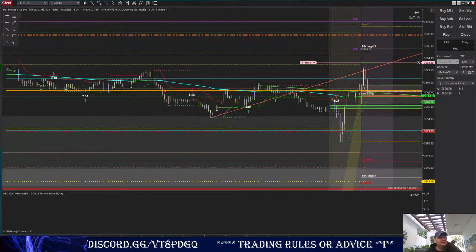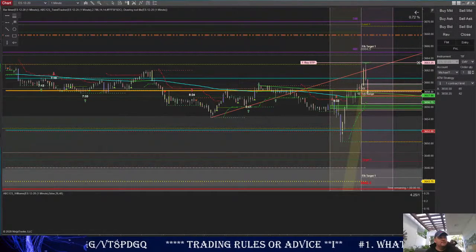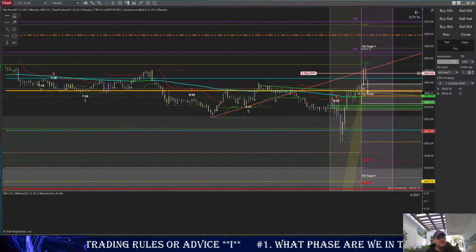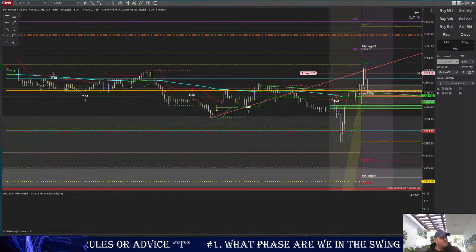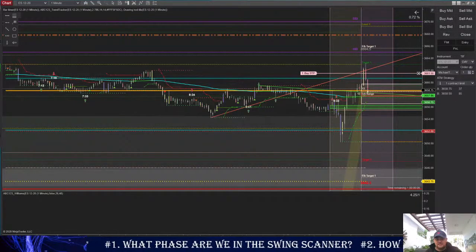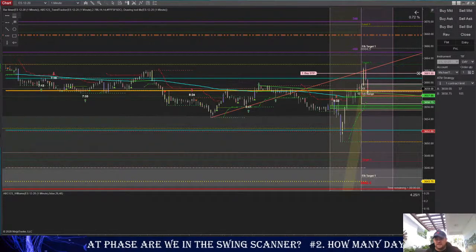Okay. Bring her down. I'm going to let it find that bottom. And let's see what that 946 signal says. I want to check that 946 signal.